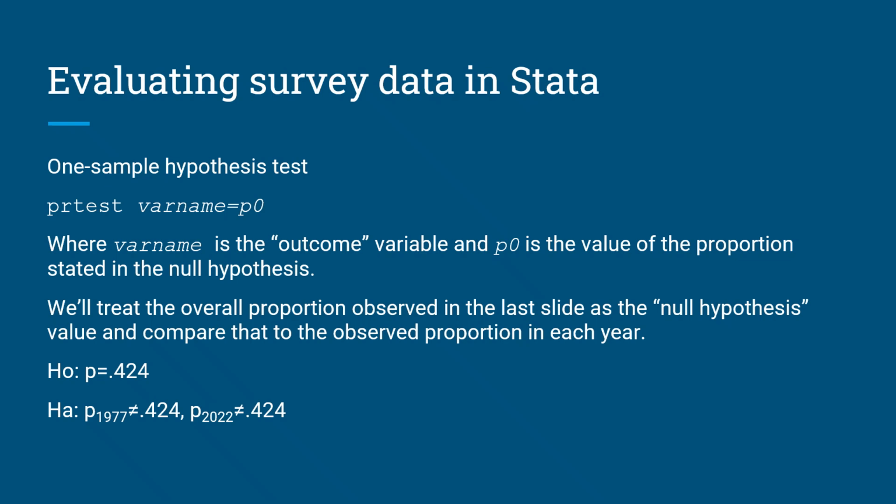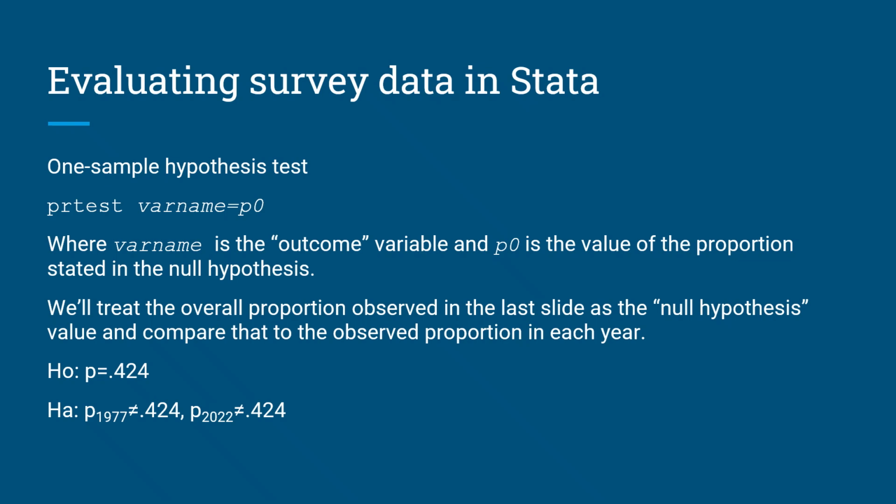And so here we're going to treat the overall proportion observed in that last slide, about 0.42. So thinking about 1977 and 2022 when they're pooled together, the overall proportion of people endorsing this item about mothers' employment was about 0.42. And so we'll treat that as the value for the null hypothesis.